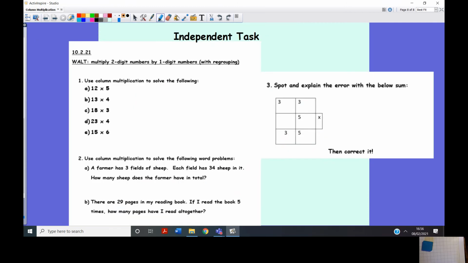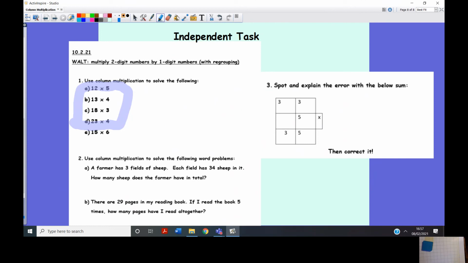So your independent task is on screen. There's also the task sheet attached to today's home learning. So you've got column multiplication to solve the following. I am going to say A, B, C, D are what I want completed. You need to prove to me you're using column multiplication. I don't want to see work uploaded just without that.